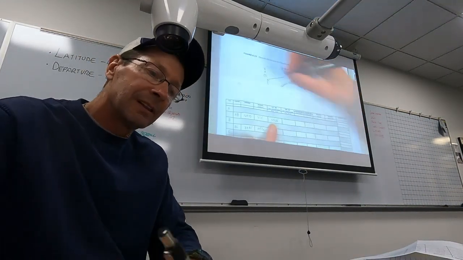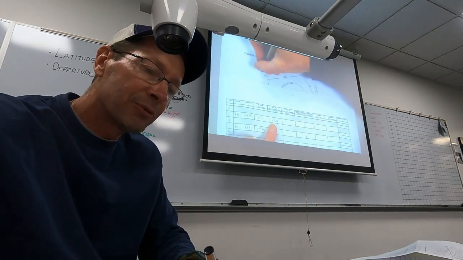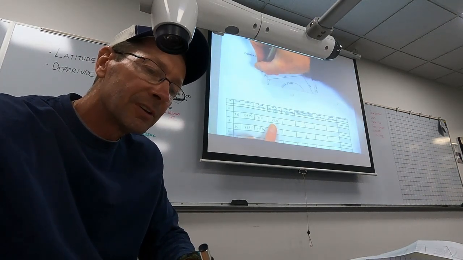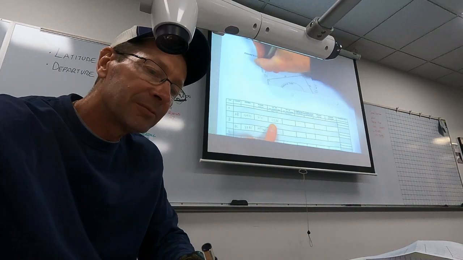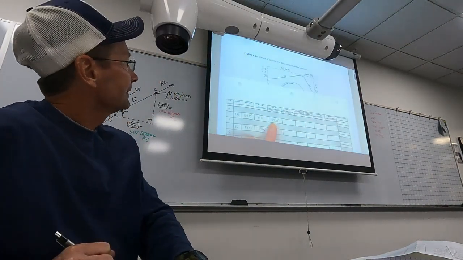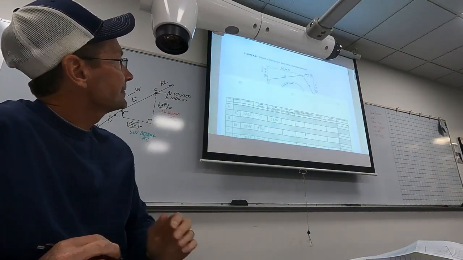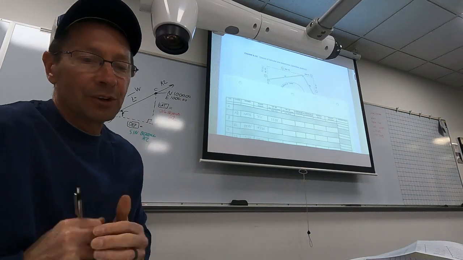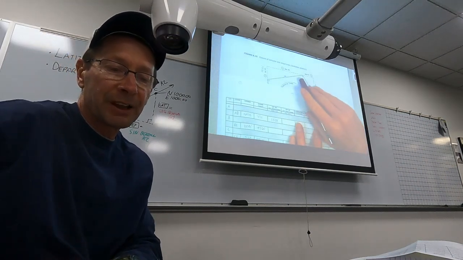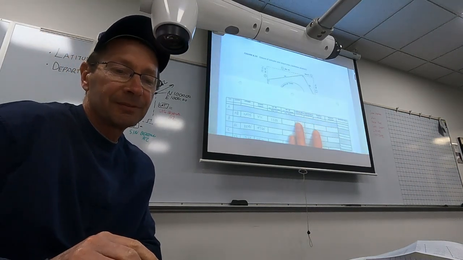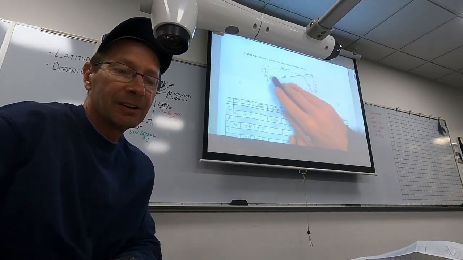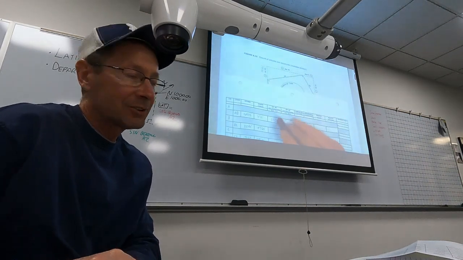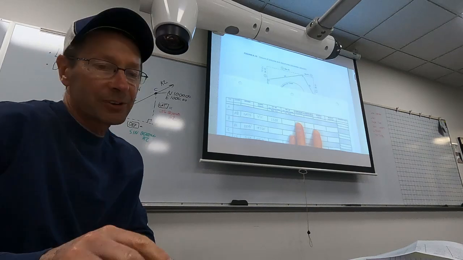Just so we can put a visual to this, it's 53.20 feet. That's how it sizes up. We took the cosine of the azimuth times the length here, and that gave us the latitude. Latitudes are in this column, up and down, north and south, so we got it.